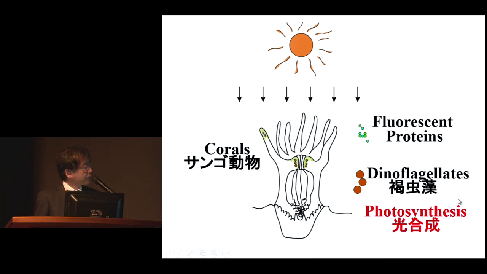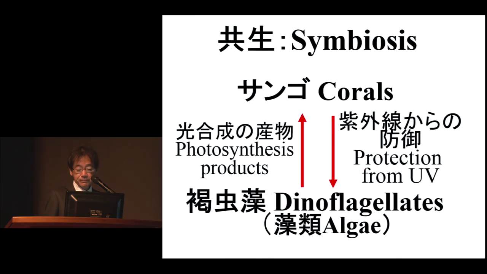However, dinoflagellates are very sensitive to UV light, ultraviolet light. Okay. So therefore, corals produce fluorescent proteins and protect the dinoflagellates from UV, by using fluorescent proteins as sunscreen. Okay. And the corals and the algae, dinoflagellates, can benefit from each other. So this is symbiosis.